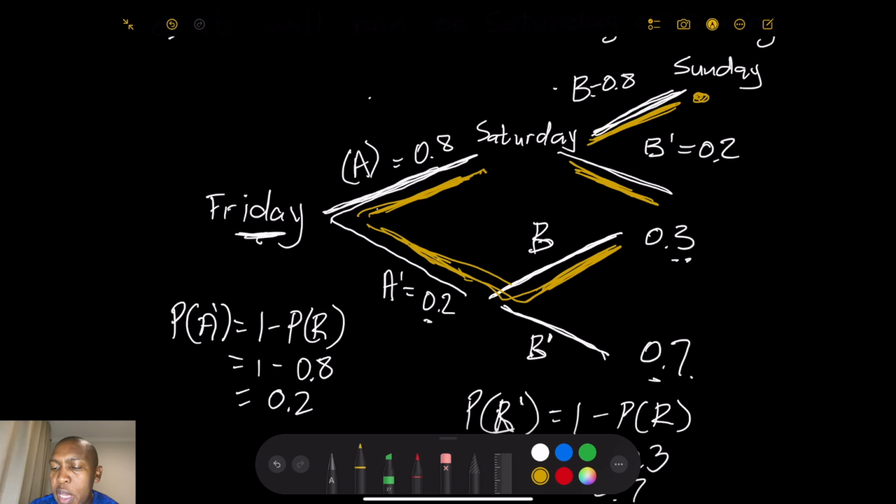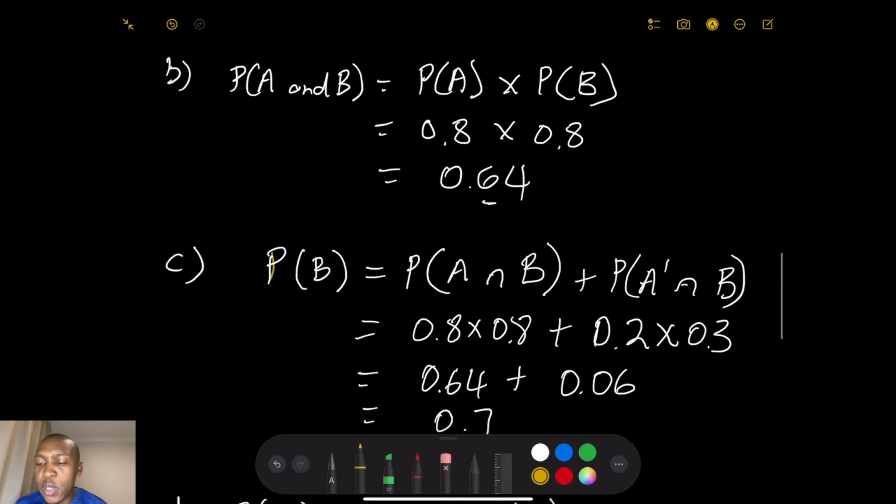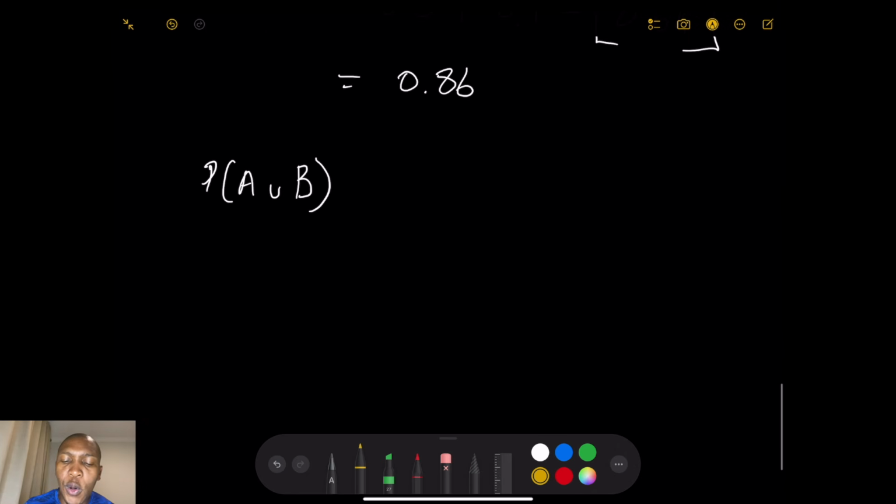So that would be inclusive of that solution as well. So in this case, those are all our solutions: it rains on Saturday and Sunday, it rains on Saturday but does not rain on Sunday, and it does not rain on Saturday but it rains on Sunday. So that is inclusive of all of those solutions.